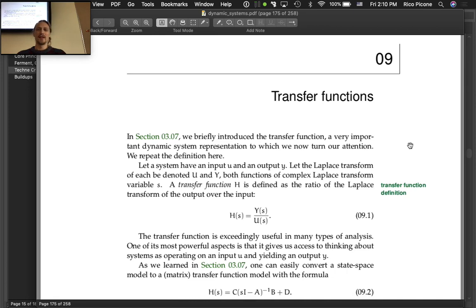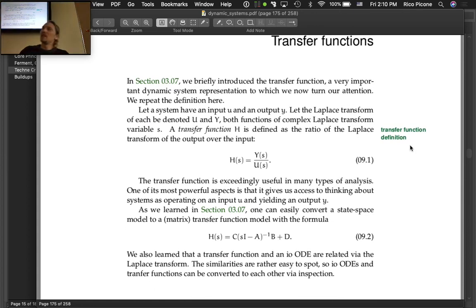So we're going to repeat the definition of the transfer function, because it's been a minute. Let a system have an input u and output y. Let the Laplace transforms of each be denoted capital U and capital Y, both functions of the complex Laplace variable s. A transfer function H is defined as the ratio of the Laplace transform of the output over the input. This is how we define the transfer function.